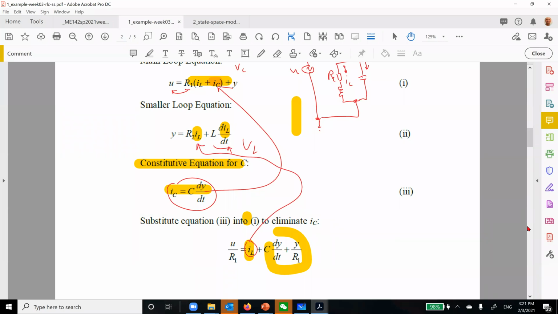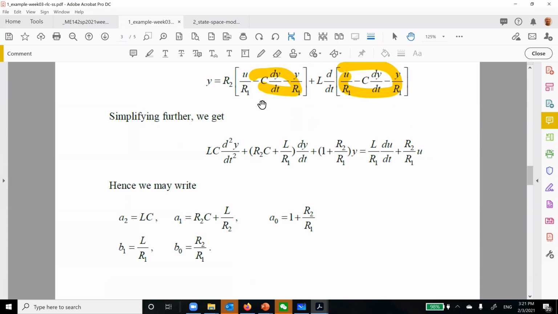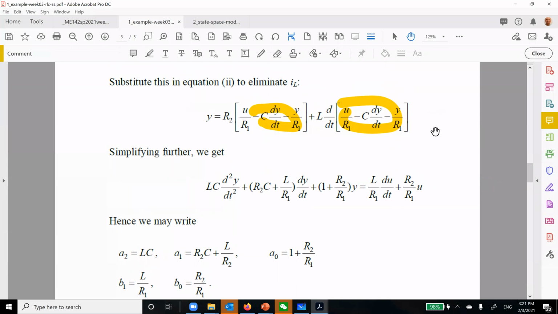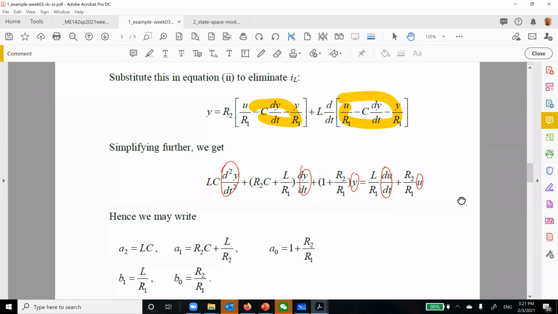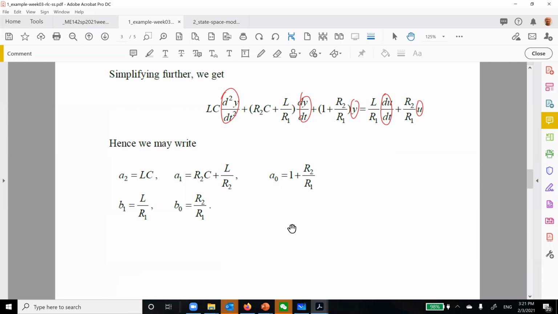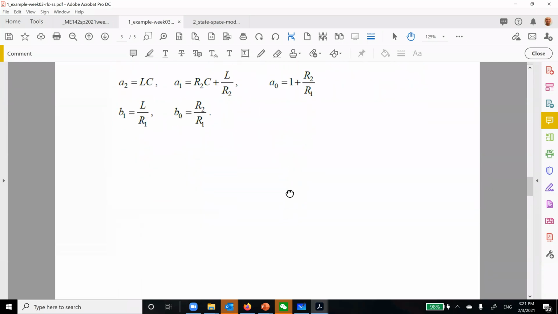So you can get the Y relationship versus U. So you end up with Y equals this type of thing. You have a second order derivative from here. So you end up with Y double dot, Y dot and Y, and U dot and U. All these are coefficients. So therefore you compare, you get all these coefficients.